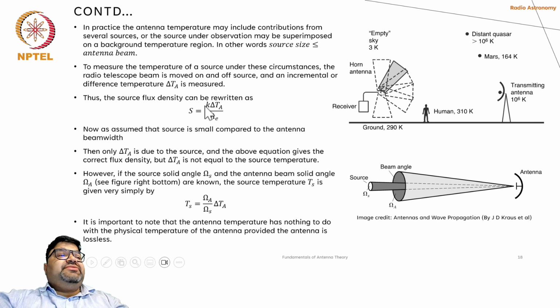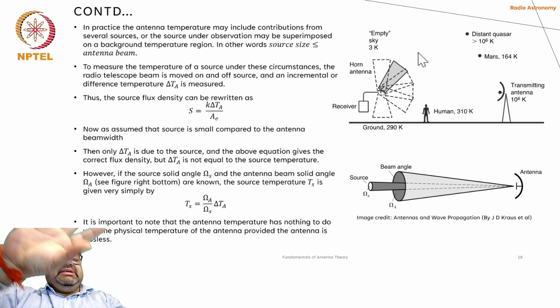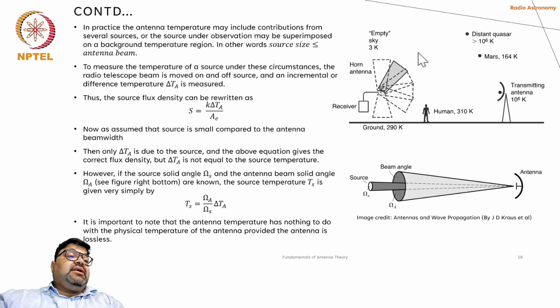These are techniques we will be discussing more in week number 5, where the measurement of antenna temperature, differential temperature, actually becomes a measurement of the sky. Supposedly there is a sky which is source as well as the background. Now we typically choose some other background where there is no source of interest, and then we subtract out the background from the main observations. That's what this is talking about.